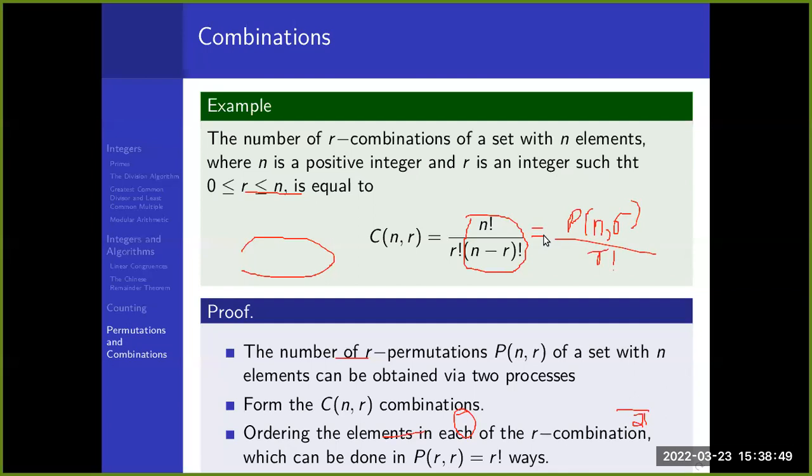And we have seen how you obtain P(n, R) over R factorial using an example. So what I have shown is not the proof. The proof is here, but it's not complete. There's a part that is missing down here. But this one gives you an idea of what is happening in the proof after this part. Just observe that this piece alone is the number of R permutations from a set with n elements. Then we have this other piece, R factorial.